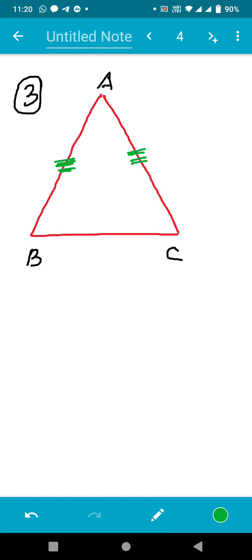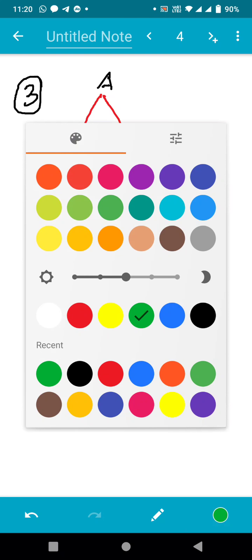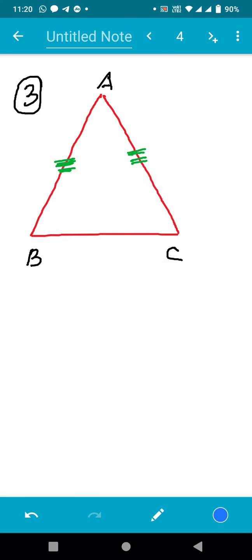So if we draw one perpendicular from vertex A, it will look like this. Okay, so it will look like this. So we'll consider this as 90 degree. So AD is perpendicular to BC.